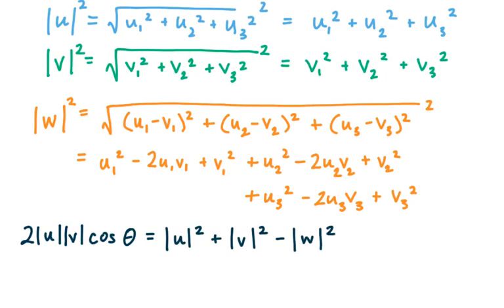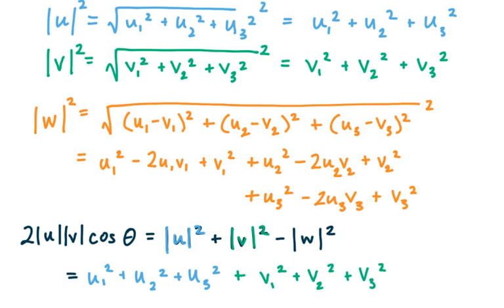So the left side of the equation is equal to U sub 1 squared plus U sub 2 squared plus U sub 3 squared, because that is my magnitude of U squared, plus my magnitude of V squared, which we said was V sub 1 squared plus V sub 2 squared plus V sub 3 squared.